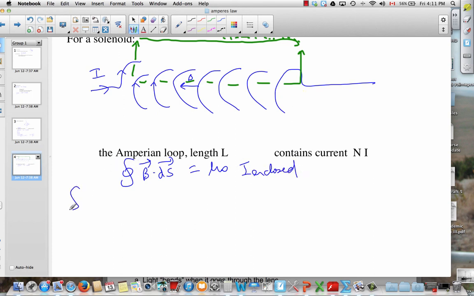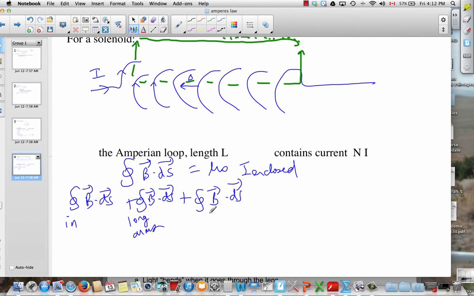Okay, now the curl is going to involve adding up B times a little bit of length on the inside, adding up B times a little bit of length on the long arms of the loop. That's this side here and this side here, and then adding up B times ds on the infinitely far away horizontal portion.